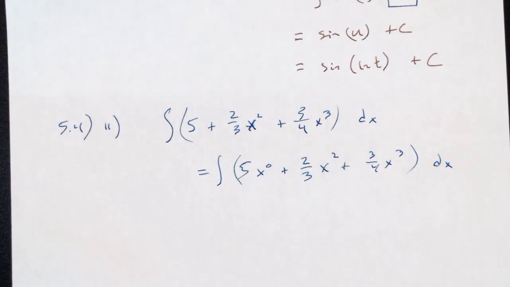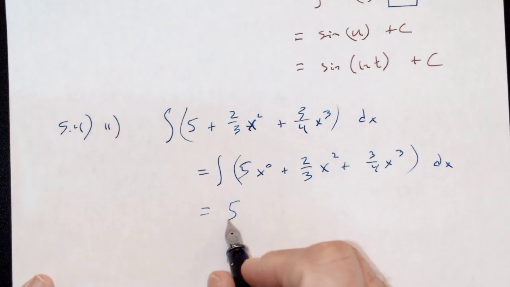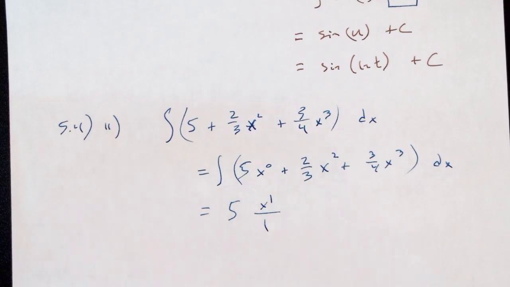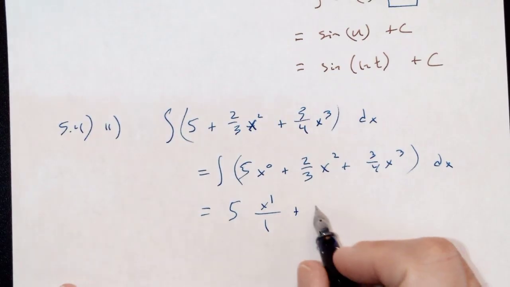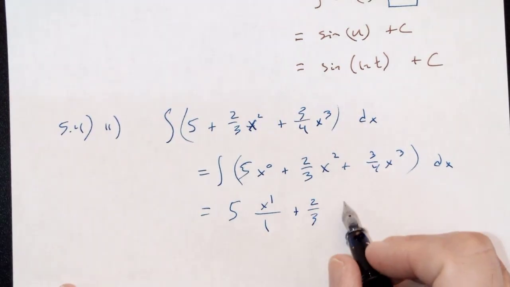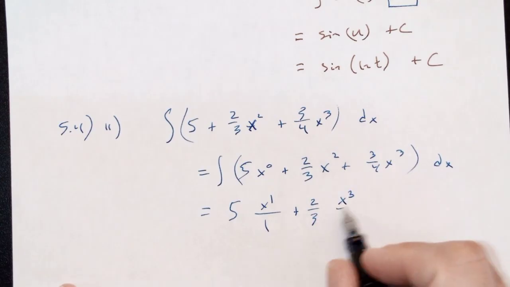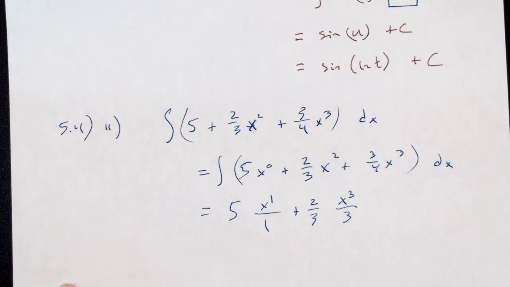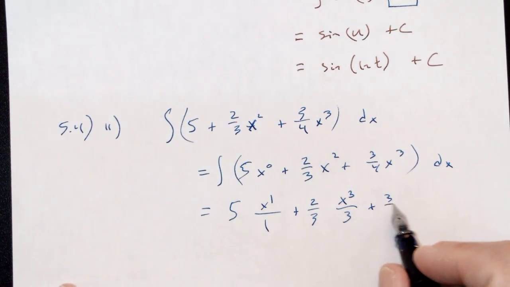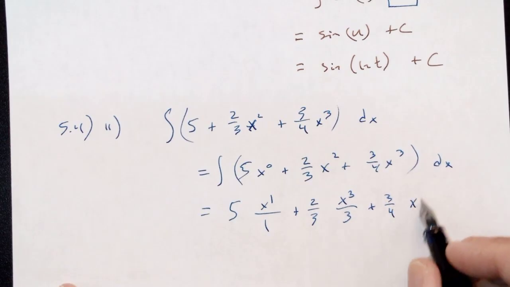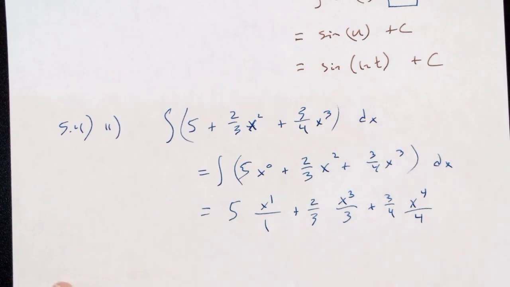Well, now I think of it as a power rule. So when I want to get the antiderivative power, I add 1 to the power and I divide by the new power. So that just gets an x. Same thing here. The 2/3 stays. X, add 1 to the power, divide by the new power. The 3/4 stays. Add 1 to the power, divide by the new power.